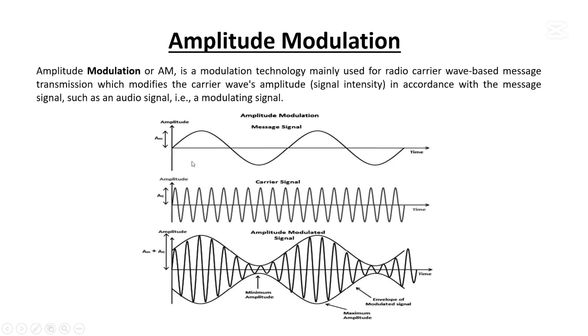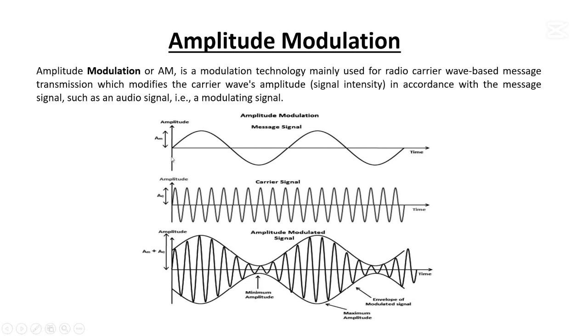So what actually happens in amplitude modulation is that the amplitude of the wave changes, and we will encode or decode it accordingly, and we can extract our original message signal.